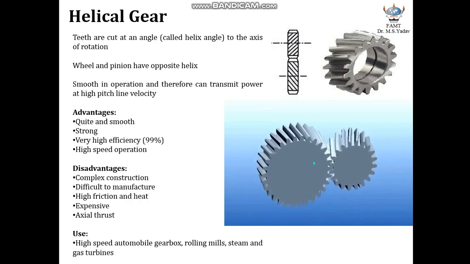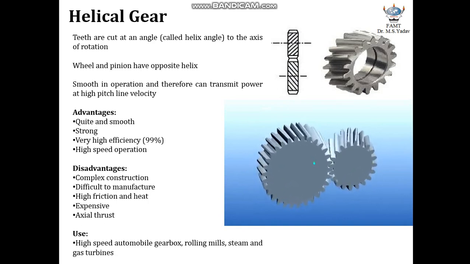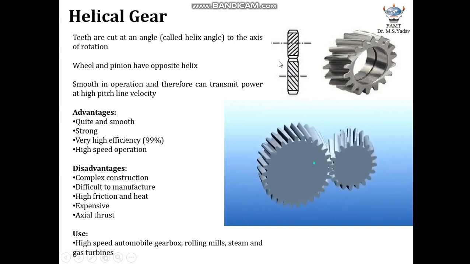Second type of gear in the first category is helical gear. In helical gear, the teeth are once again cut on a thick disc, not parallel to the axis of rotation, but at an angle called helix angle. See this figure.